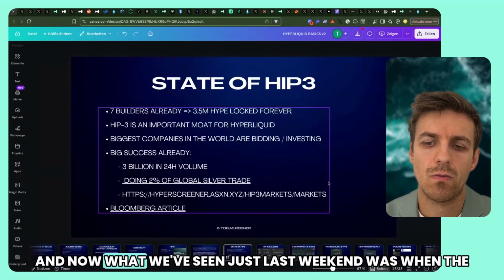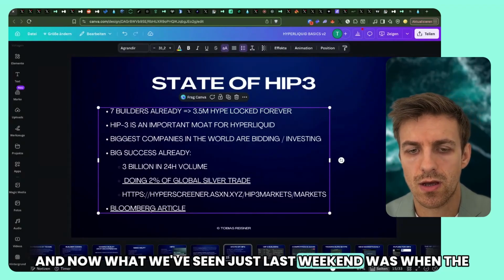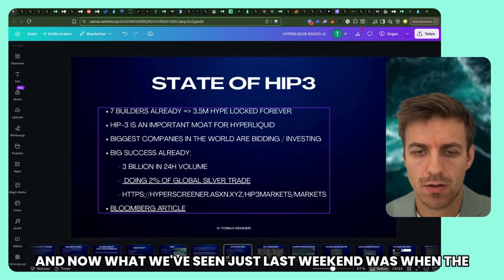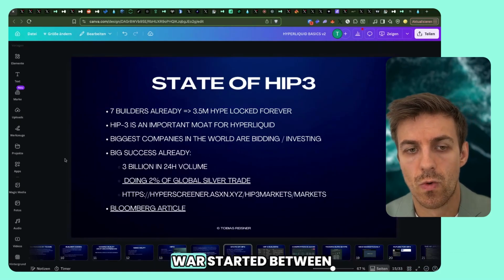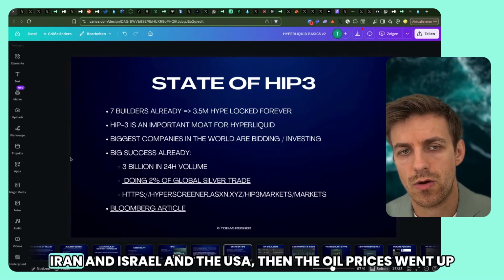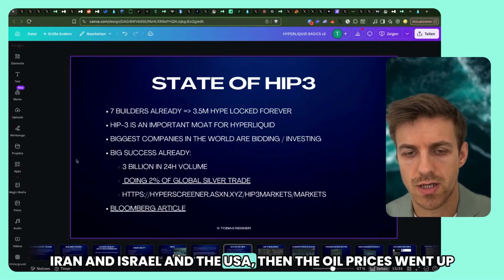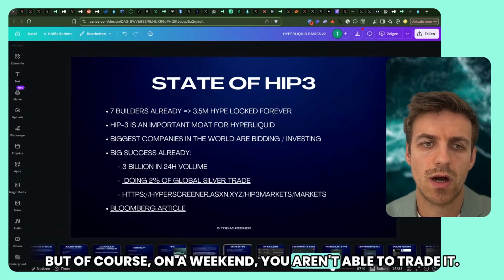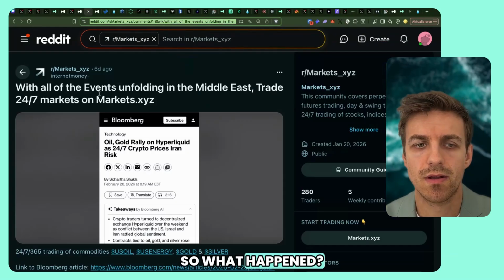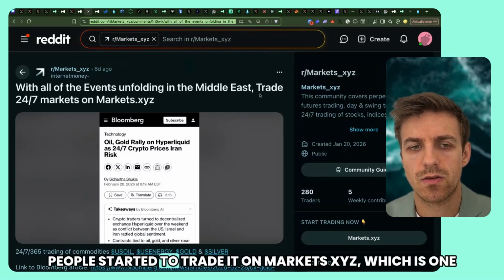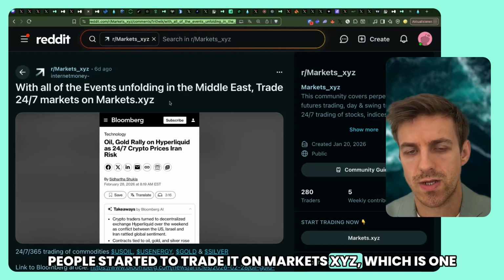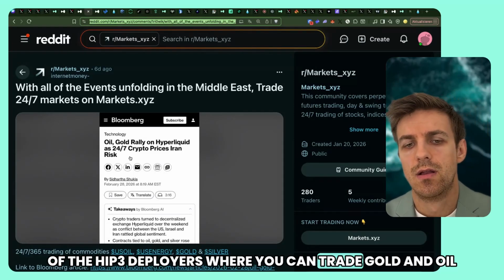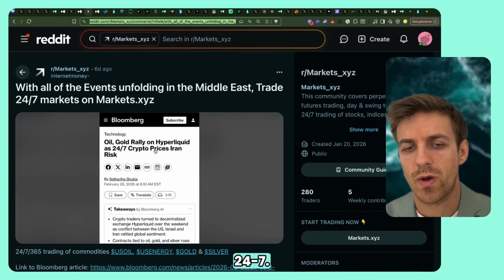And now what we've seen just last weekend was when the war started between Iran and Israel and the USA, and the oil prices went up a lot. But of course, on a weekend, you aren't able to trade it. So what happened? People started to trade it on markets XYZ, which is one of the HIP-3 deployers where you can trade gold and oil 24/7.